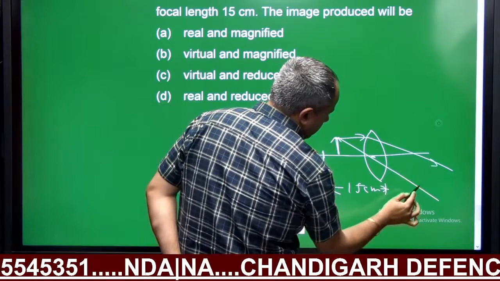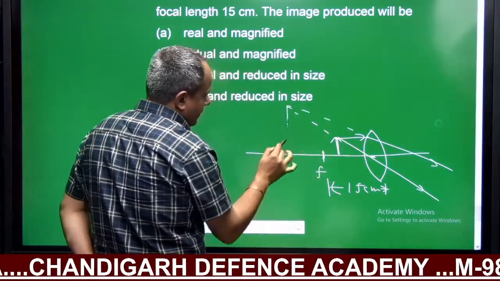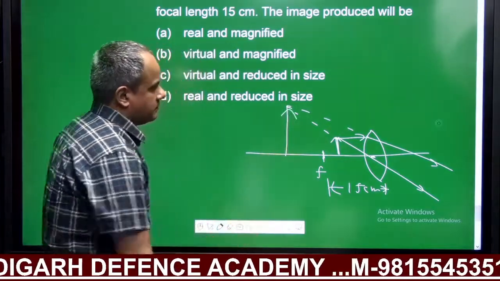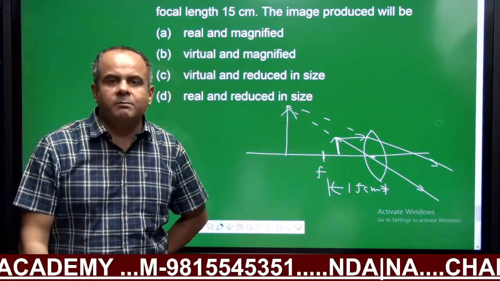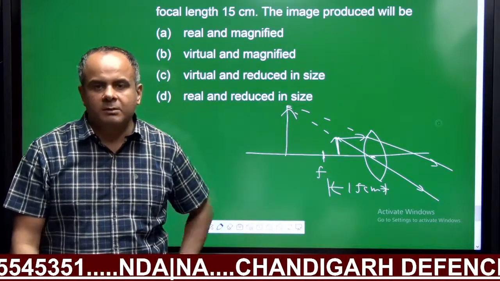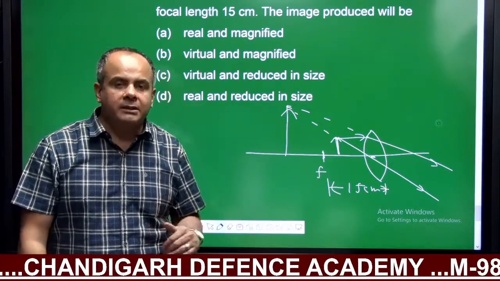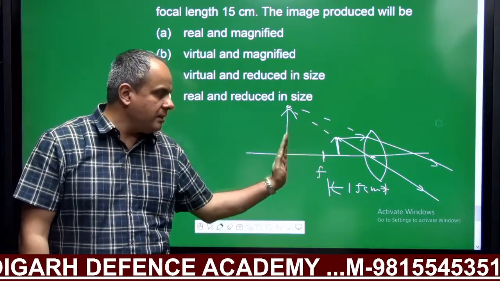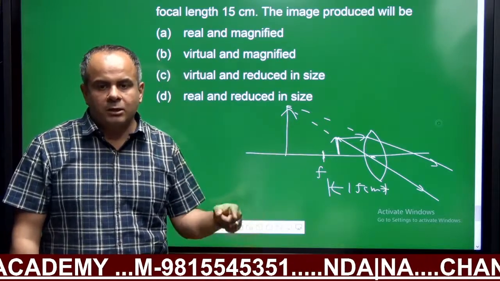The image will not form on this side, so it will form behind, somewhere here. This is as good as your simple microscope also. So the image definitely is not real. A real image forms when the object is behind the focal length of the lens. So it is virtual and magnified.